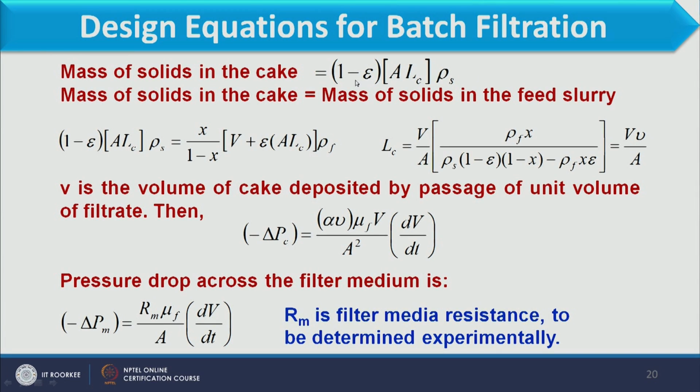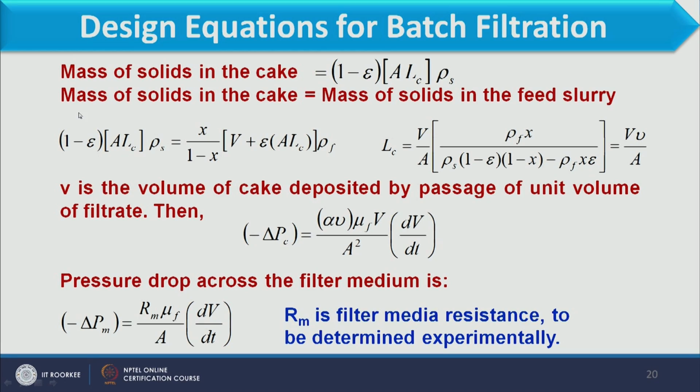Further, the mass of the solid in the cake is 1 minus epsilon, A Lc, into rho S. Again, A Lc is the volume of the cake, and 1 minus epsilon gives the total volume of the solid in the cake, into rho S. So it will give the mass of the solid in the cake. After equating the mass of the solids in the cake and the mass of the solids in the feed slurry, we can find the expression from which we can calculate this Lc.